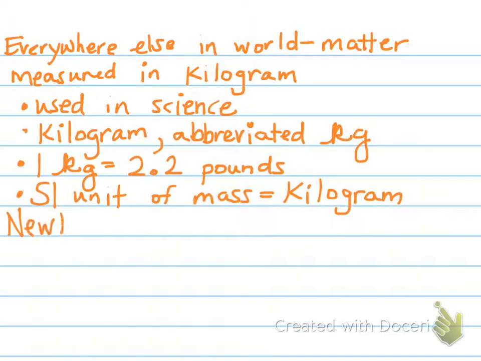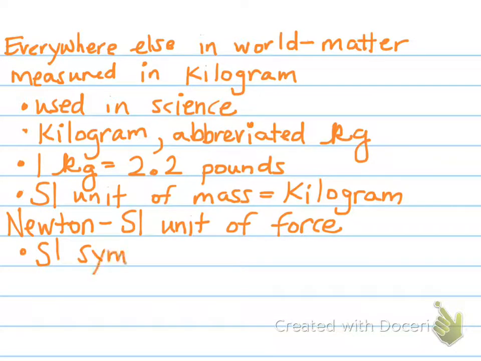A newton, named after Sir Isaac Newton, is the SI unit of force. And you'll remember back in chapter 2, we used newtons. Again, the SI symbol is a capital N. 1 kilogram equals 10 newtons.